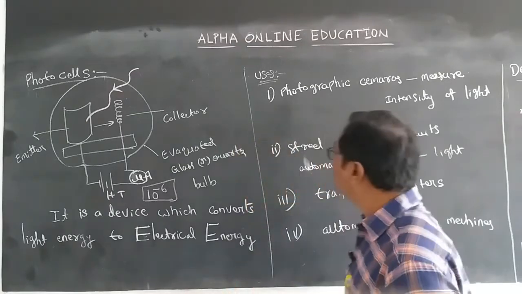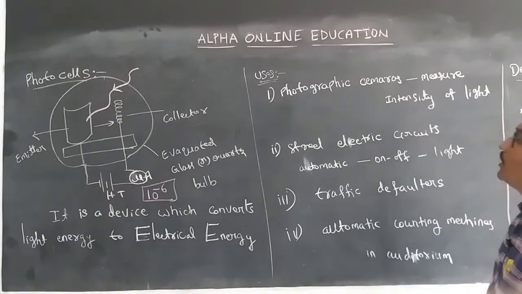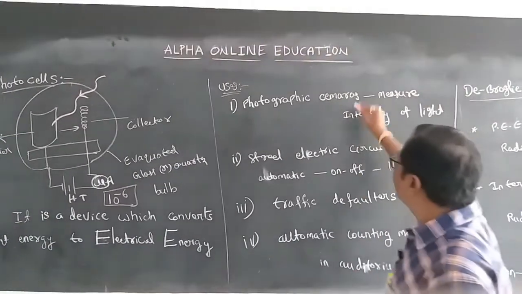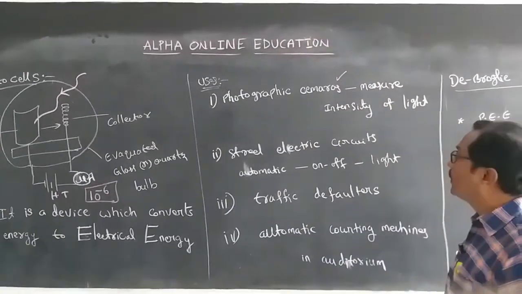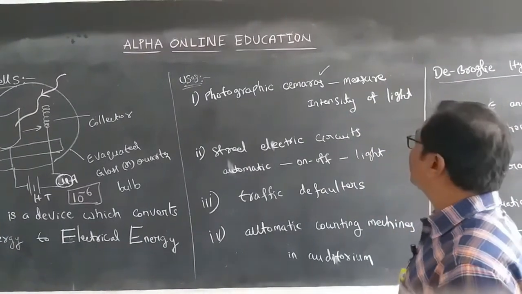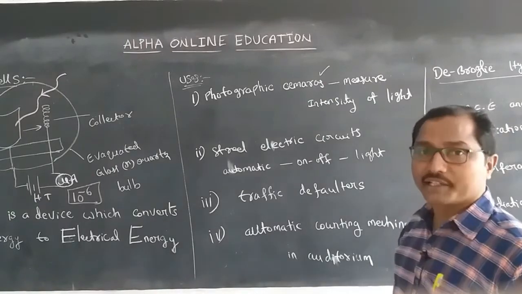Now, what are the uses of these photocells? These photocells are used in photographic cameras. By using photographic cameras we can measure the intensity of light.